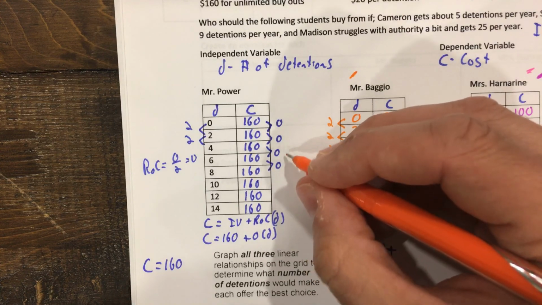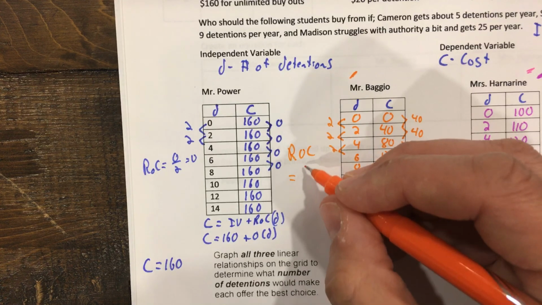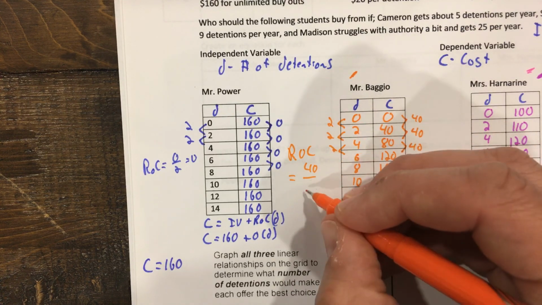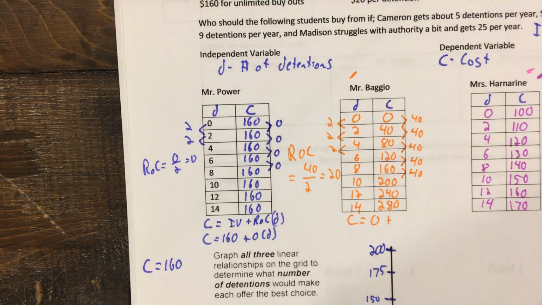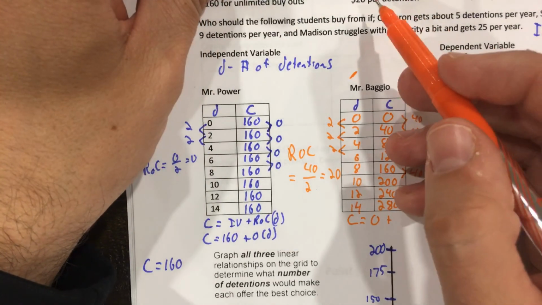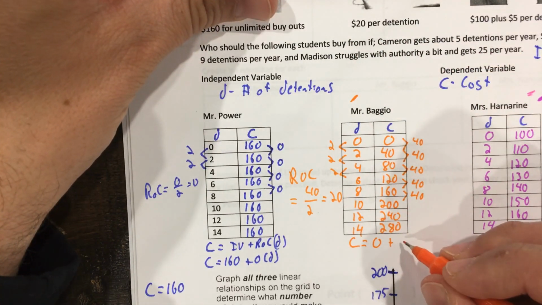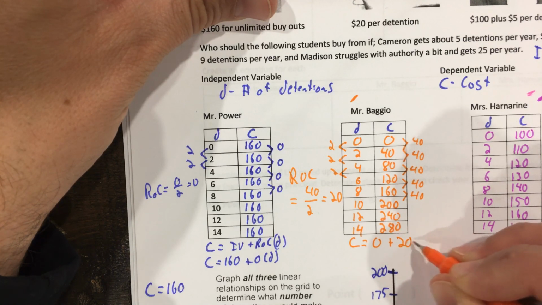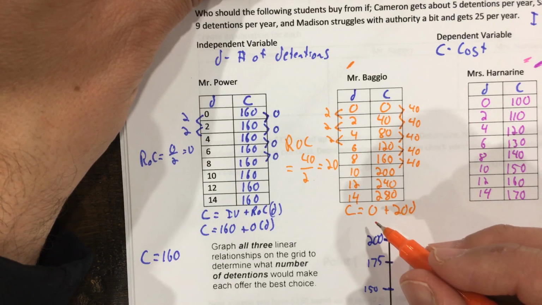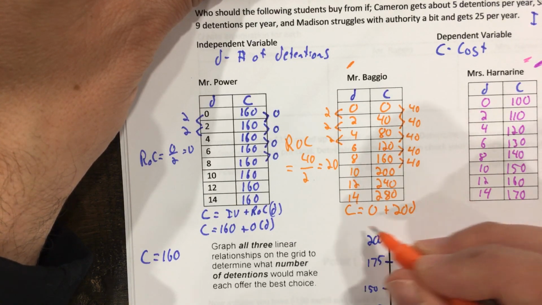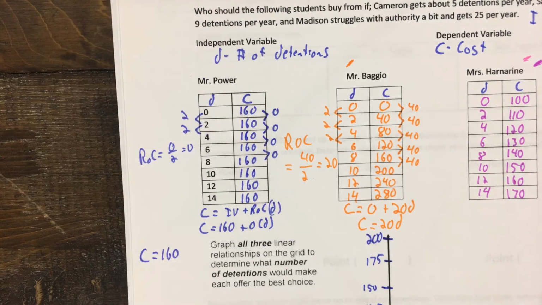So my rate of change is equal to my rise of 40 over my run of 2 detentions, which equals 20. 40 divided by 2 is 20. You can get that from right up here in his. So his would just be 20D, $20 times the number of detentions. And again, that 0 is not needed. You can leave it like that, or you can write it as C equals 20D. It's the same thing.